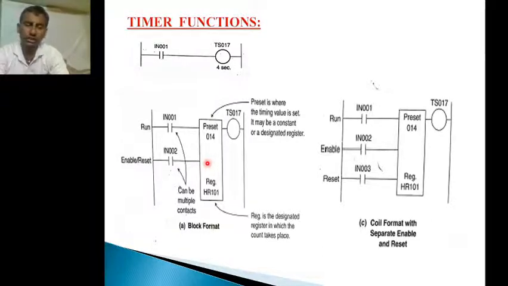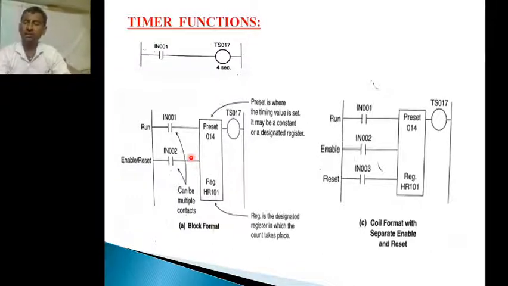That's why we provide the enable or reset input. If this contact is closed, that is the meaning of enable, and if the contact is open, that is the meaning of reset. By using this contact, the timer value is maintained at that particular time. At whatever time the timer is stopped, that value will be maintained by the timer.